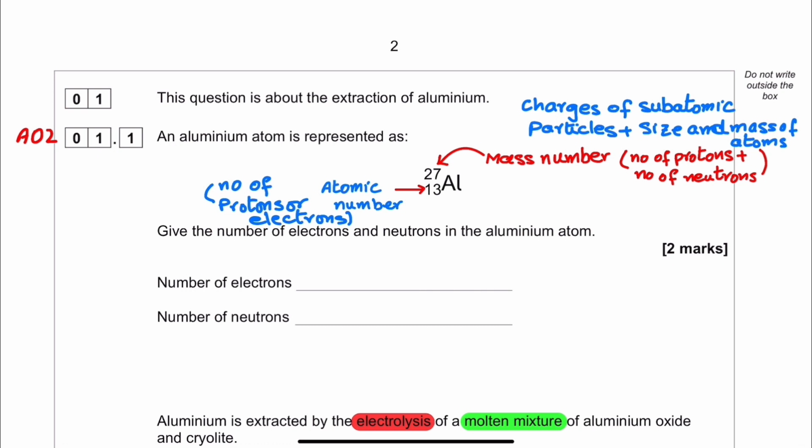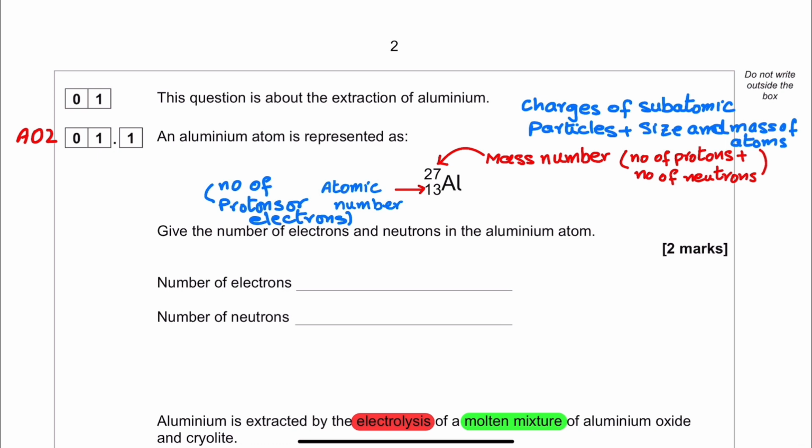Because we know that an atom is a neutral particle, the number of protons is always equal to the number of electrons. If there are 13 protons present in the nucleus of aluminium, it means that 13 electrons are also present in the orbits or energy shells.